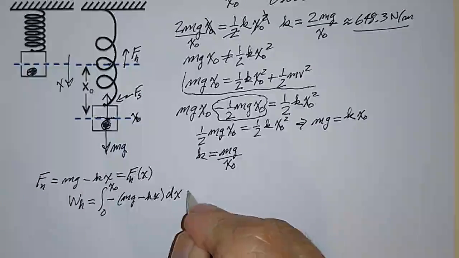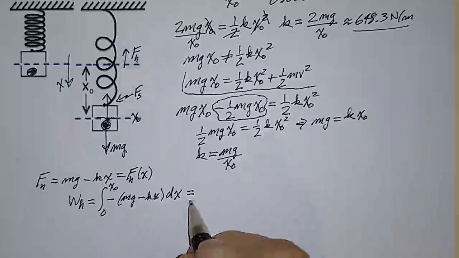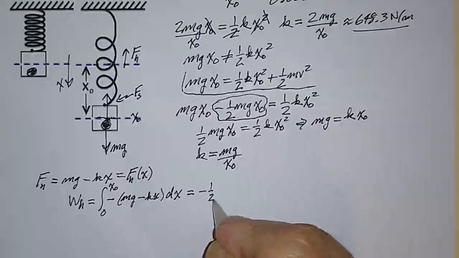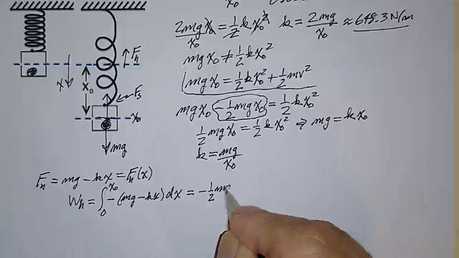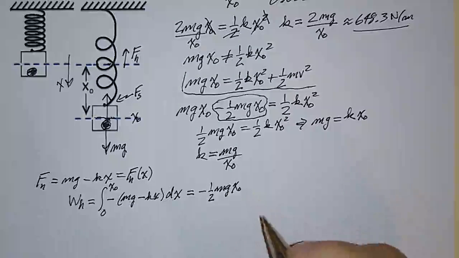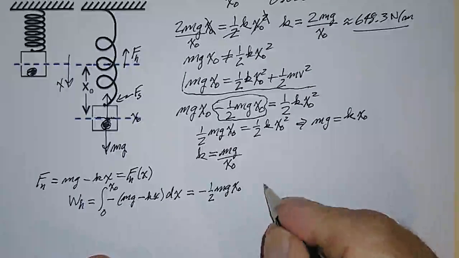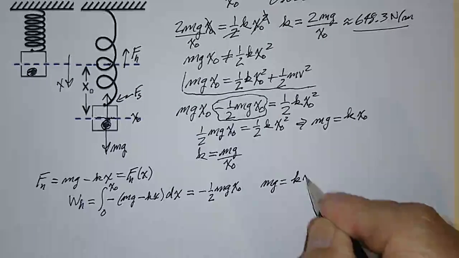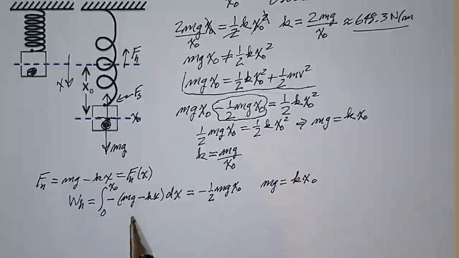And when you perform this simple integration, you get minus 1/2 mg x naught, where you acknowledge that mg is equal to k x naught. You can work through the simple integral to show that, but that's how that works.